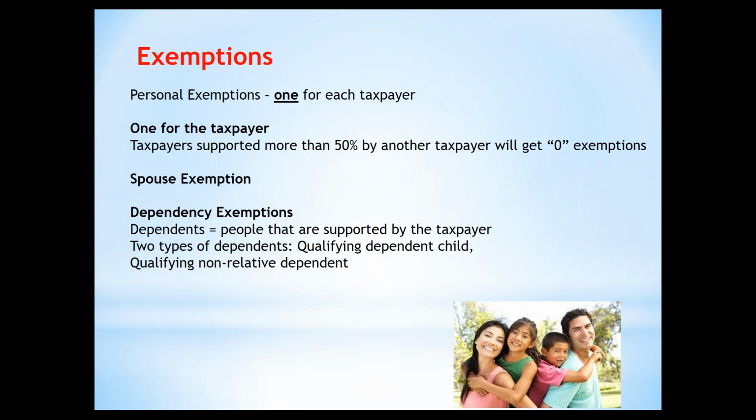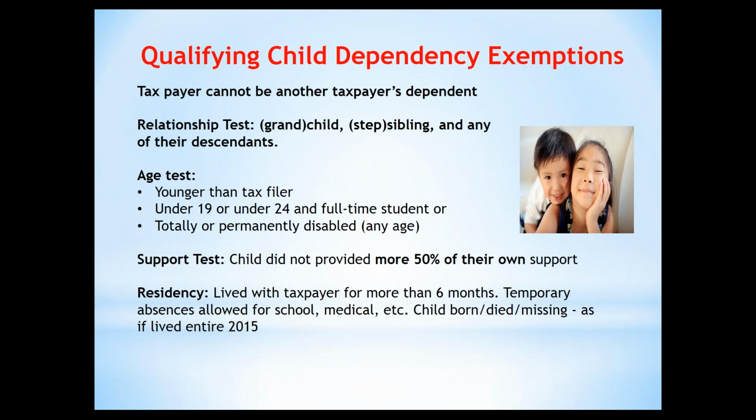If that's the case, the taxpayer is still afforded the exemption for that person that's in their home since they're supporting that person. So again, I know I did touch on this previously, but I do like to drive this home: what a qualifying dependent child is and what a qualifying dependent relative or person is. So again, there's a relationship test.